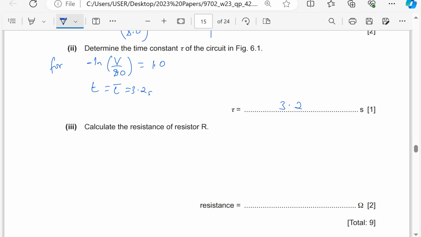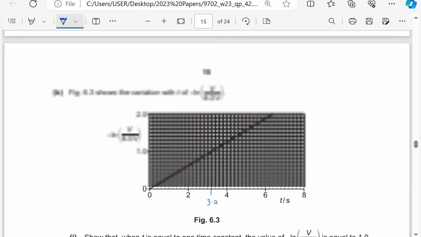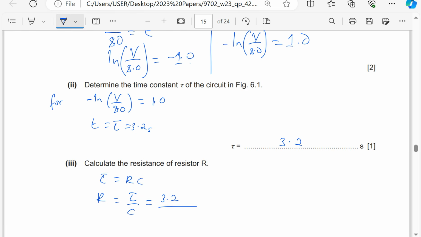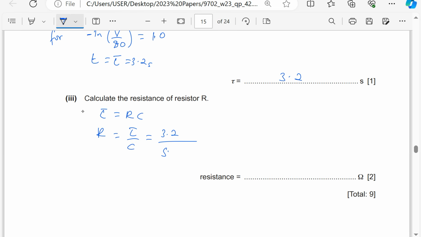Then calculate the resistance. Since time constant is equal to R times C, then R is equal to tau divided by C. So which is going to be 3.2 divided by the capacitance. I think the capacitance is 5.63, so divide by 5.63 times 10 to the power of minus 5.